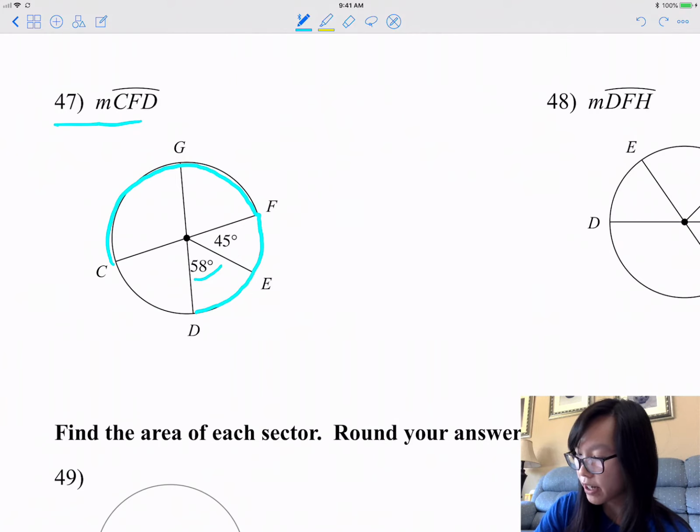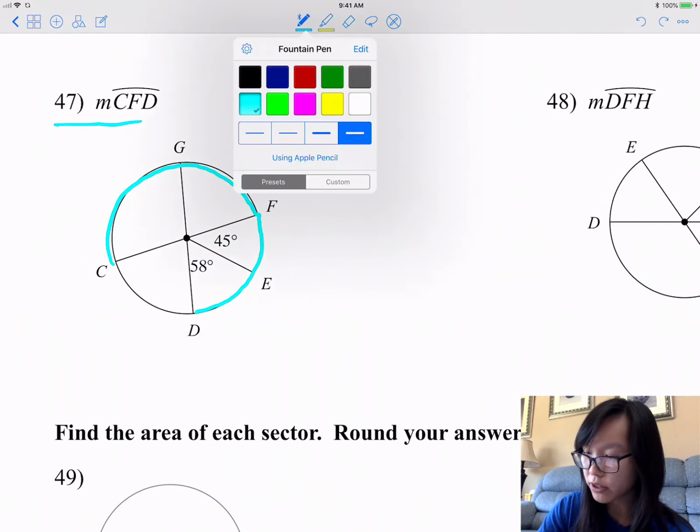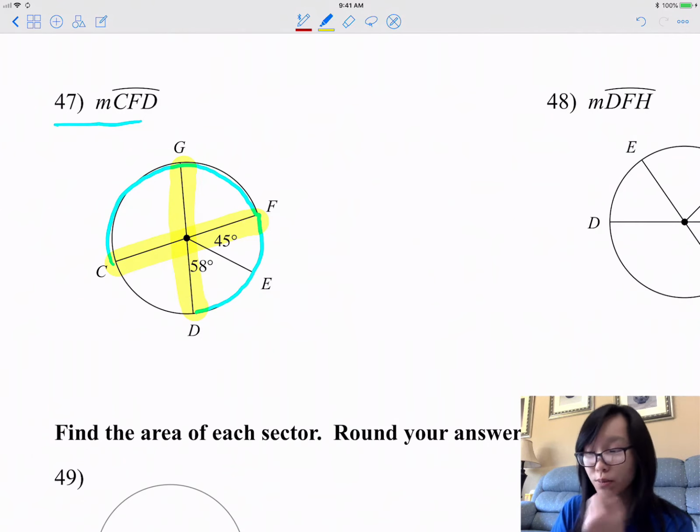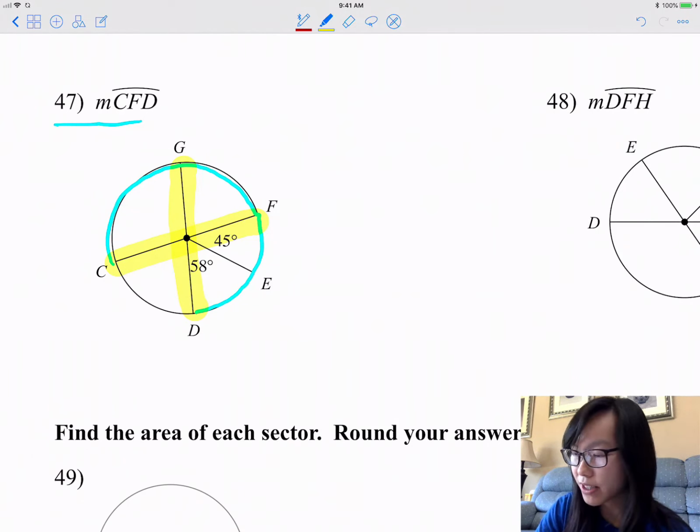Automatically, I see some diameters, and I'm going to highlight them in yellow. Let me do it in yellow. Notice this is a diameter right here, and notice this is a diameter right here. And that actually is super significant because that basically tells us we can find missing pieces using the fact.